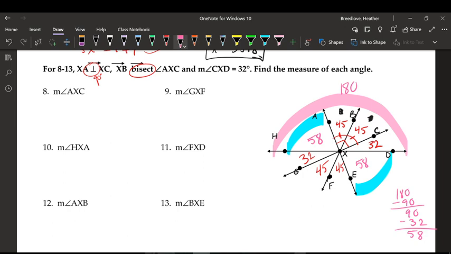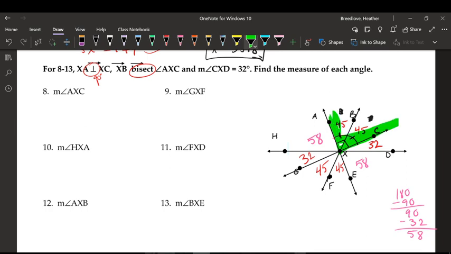All right, so let's see. The measure of AXC. Let me erase these slides. So now it's just a matter of reading it. A to X to C. So I already know that's 90 because I labeled it. 90 degrees.